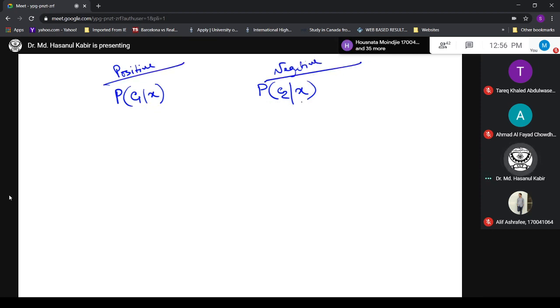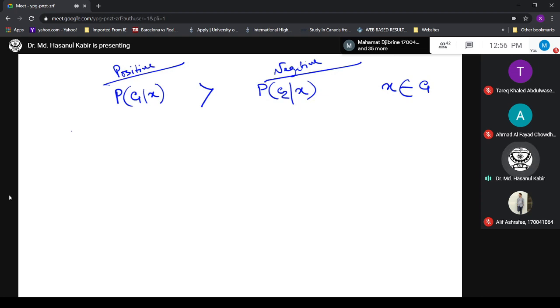So if the posterior probability of class 1 is greater than the posterior probability of class 2, then this feature x, where will you classify it? Class 1. That means you classify it to the positive class.